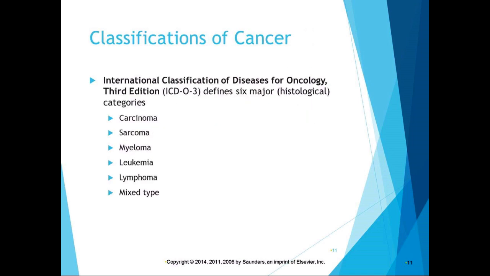The International Classification of Diseases for Oncology, 3rd edition, defines 6 major histological categories: carcinoma, sarcoma, myeloma, leukemia, lymphoma, and mixed type. We'll talk about each one briefly.